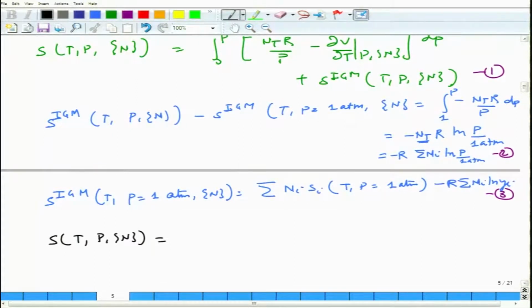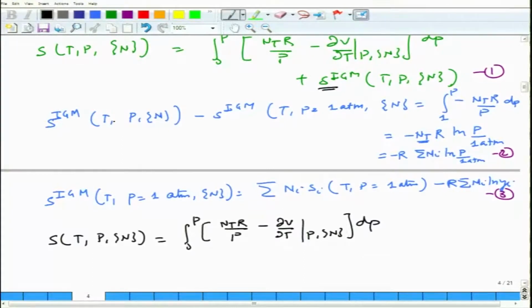Now, this should be equal to this term, which we have written with respect to 0 to P, integral of NT R by P minus del V by del T at constant pressure, dP. Now, we are going to use this expression here, which depends on this pressure P1, which is accessible pressure. So, I am going to take this on the right hand side, and then I am going to use this expression. So, we can combine this expression.